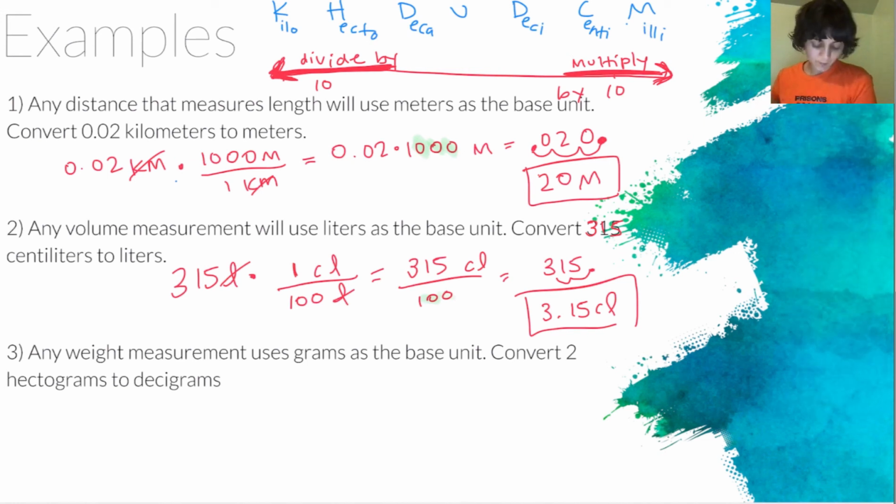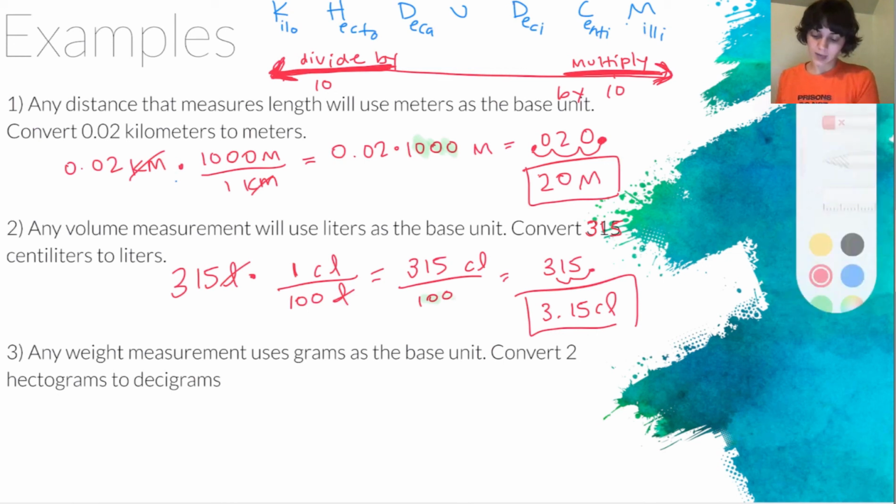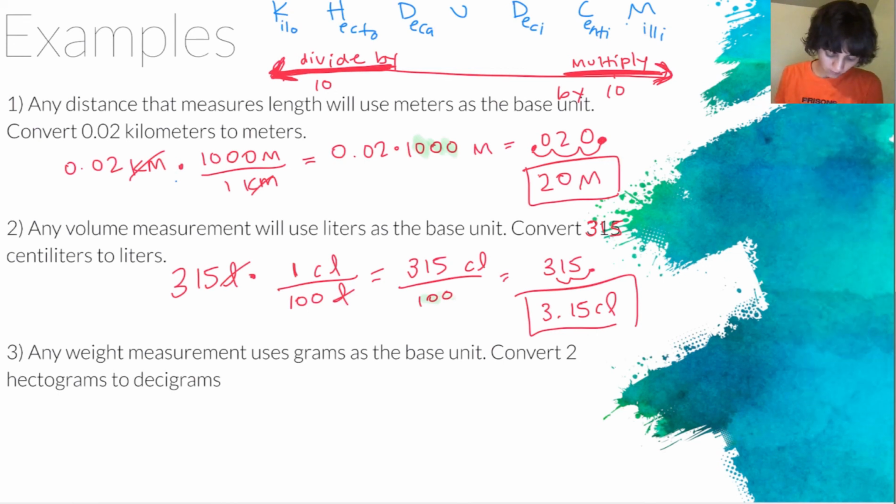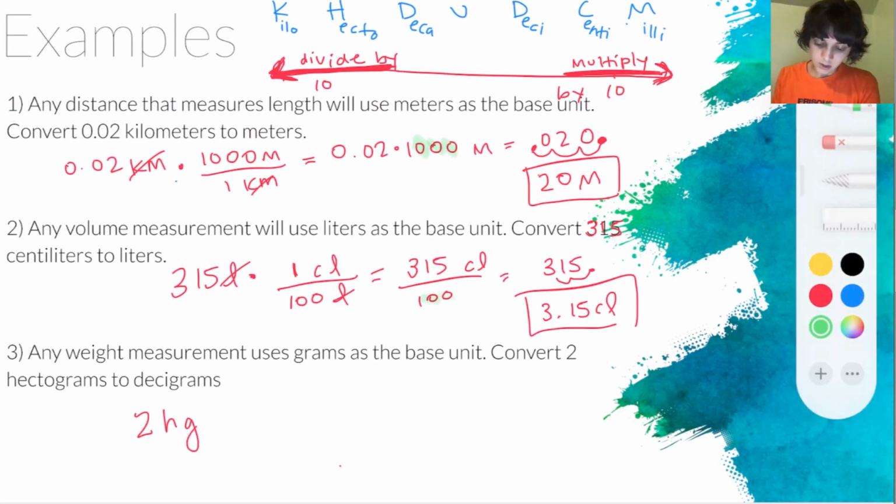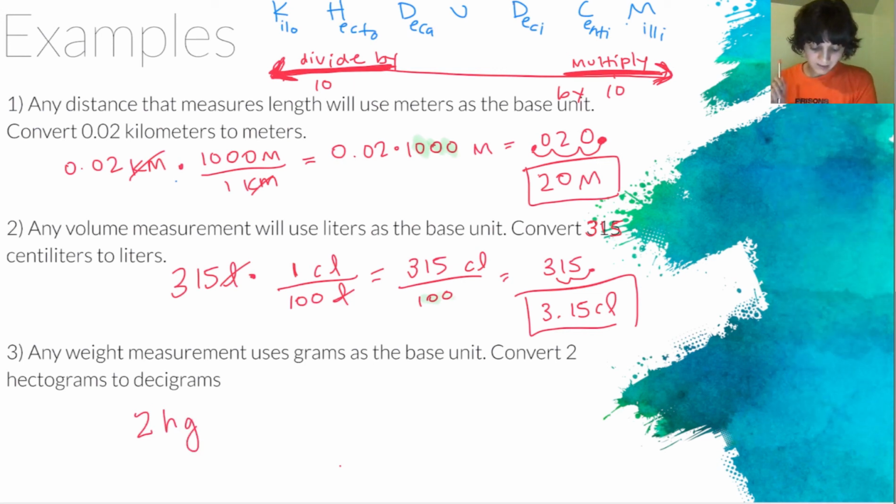So the last example reminds you that any weight measurement uses grams as the base unit. Convert 2 hectograms to decigrams. So I'm starting off with 2 hectograms and looking at my chart to go from hectograms, and now I need to be careful, to decigrams, not deca. I go all the way 1, 2, 3.